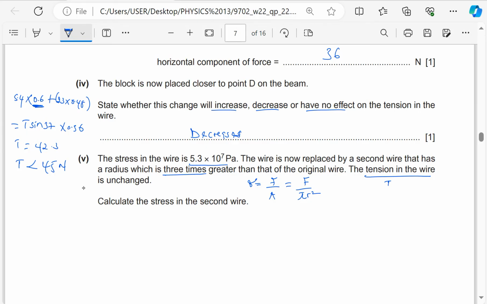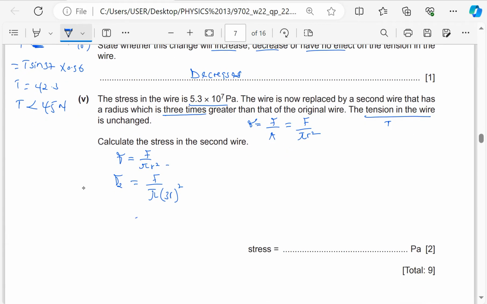So for the first wire, I'll say stress is going to be F over pi r squared. For the second wire, I'll quote sigma 2 is going to be force is the same, over pi, but the radius is 3 times, so it is 3r, but this is raised to power 2. So this is going to be F over 9 pi r squared, which is going to be 1 over 9 times F over pi r squared.